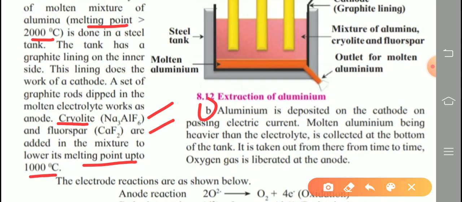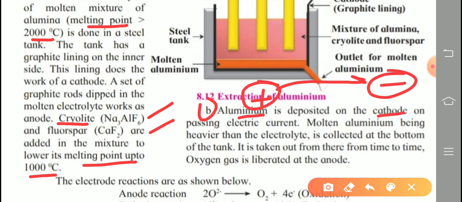Now the B point is given. Aluminium is deposited on the cathode. Aluminium is a metal, so it forms a positive ion. Cathode means negative electrode, so positive ions are attracted towards the negative electrode. Are all getting? So aluminium is deposited on the cathode on passing electric current. Molten aluminium is heavier, as it is a metal.